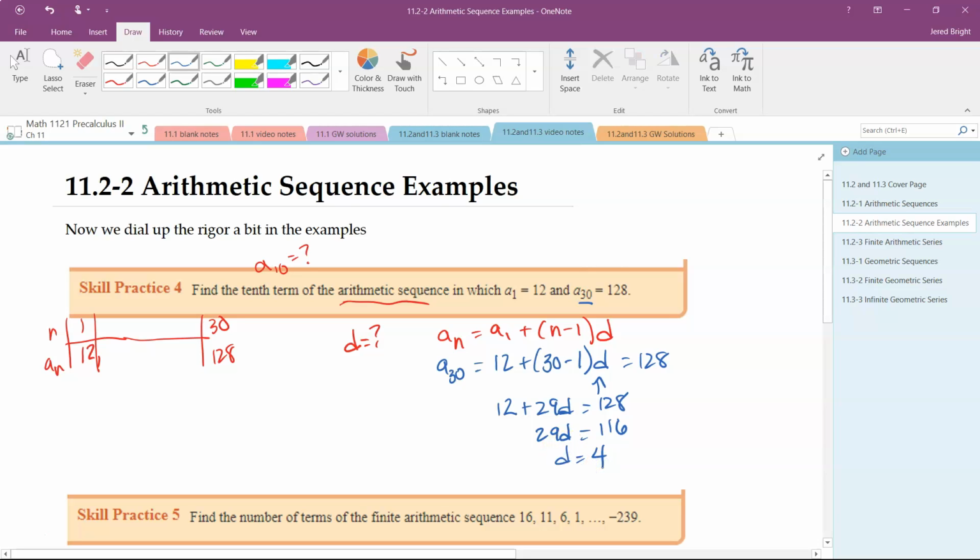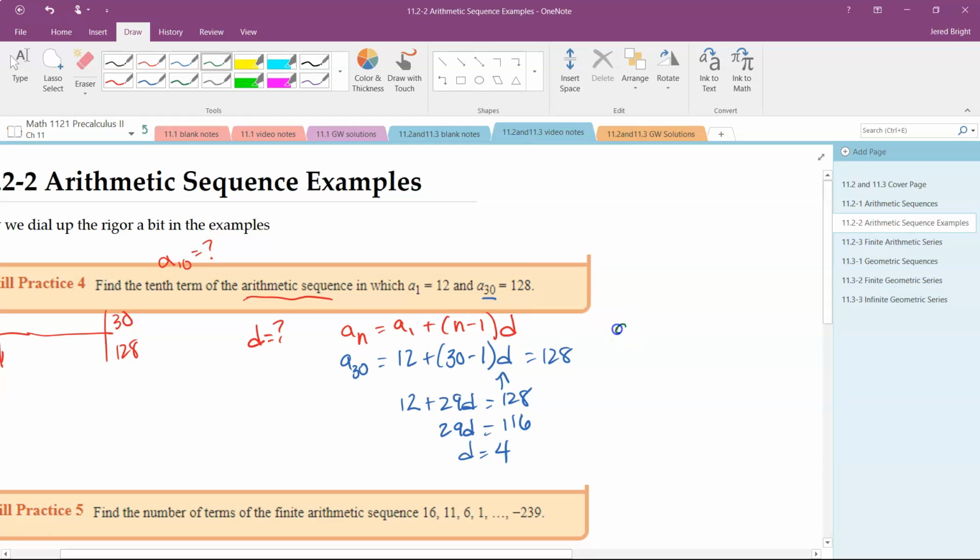Oh, that's nice. This enables me now to say, if I want a10, then this should be 12 plus 10 minus 1 times 4. So 12 plus 9 times 4, so that's 12 plus 36 is 48.